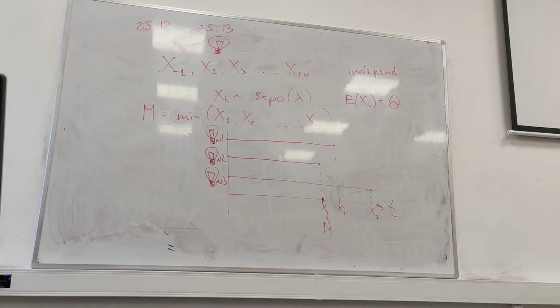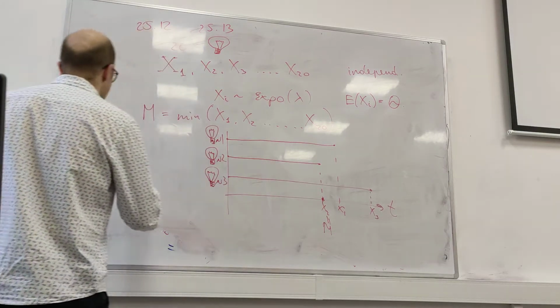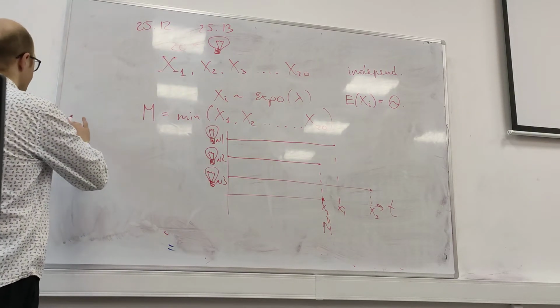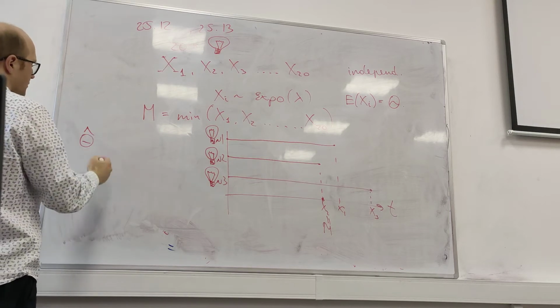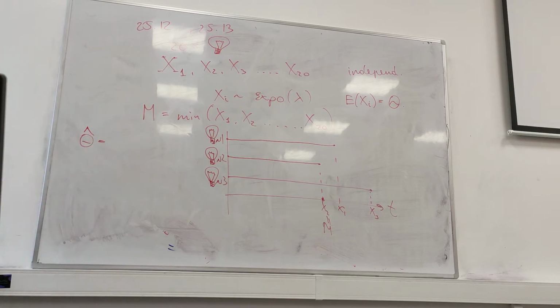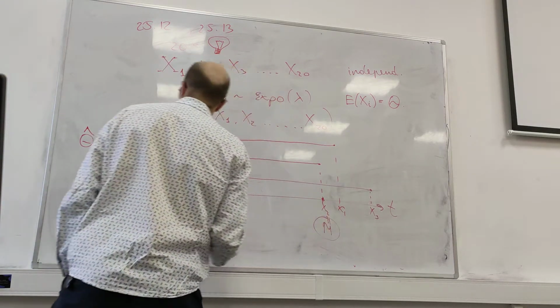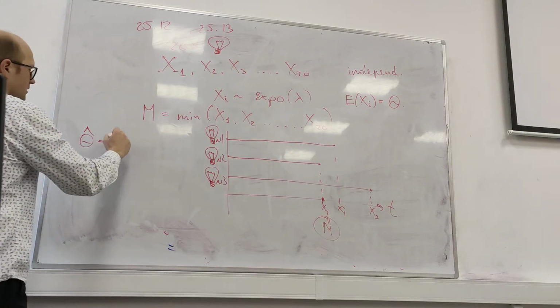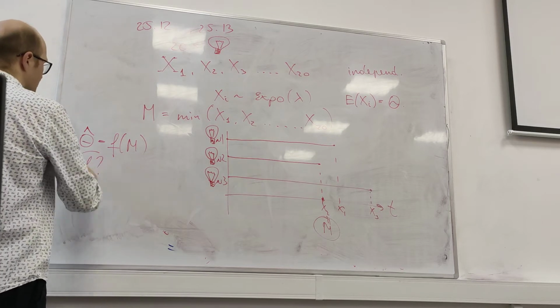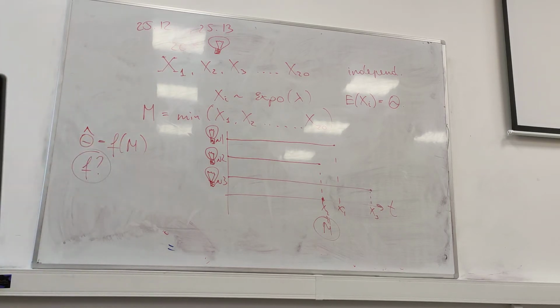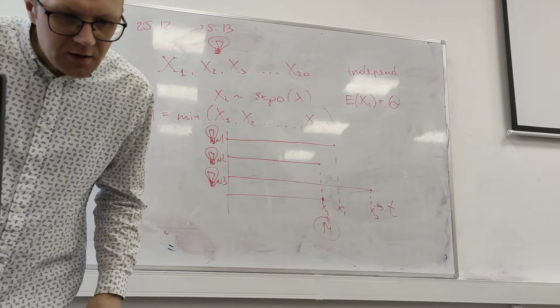And our question in the exercise is to build theta hat, and we know only m. So we need to find a function f of m such that the estimator is unbiased.